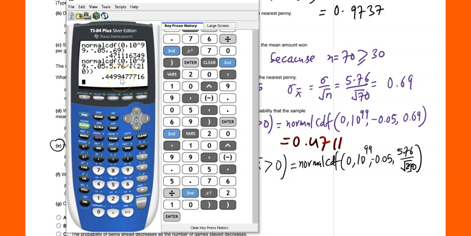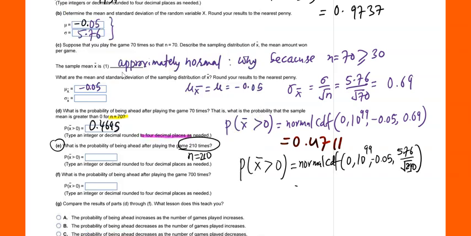We round it to 4 decimals, that means up to here, 0.4499. Okay, we write down here 0.4499.